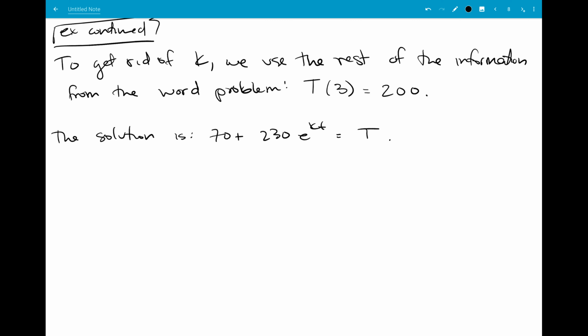So we should have 70 plus 230 e to the k times 3 is equal to 200.